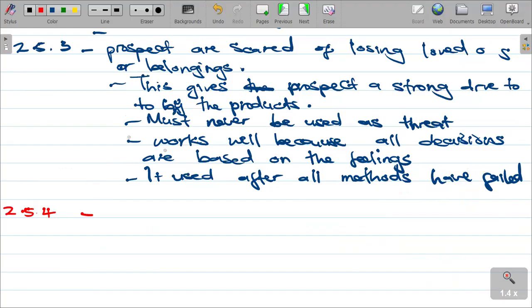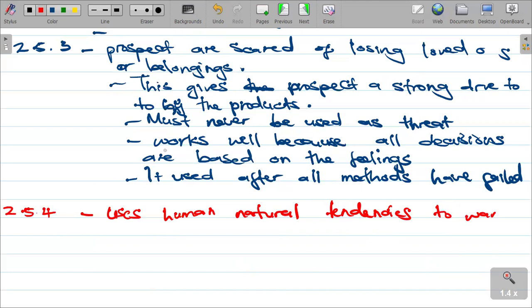So this technique uses humans' natural tendencies to want what others have.